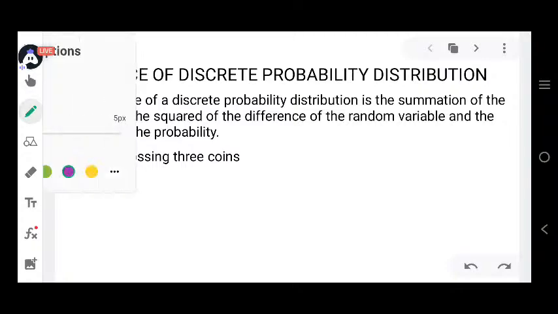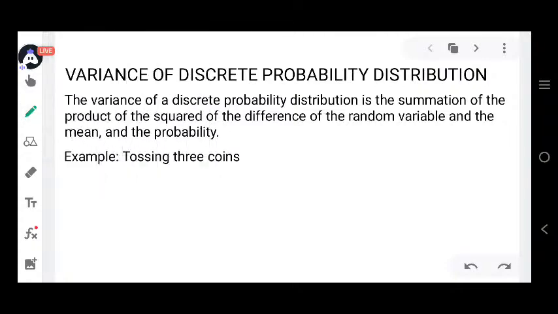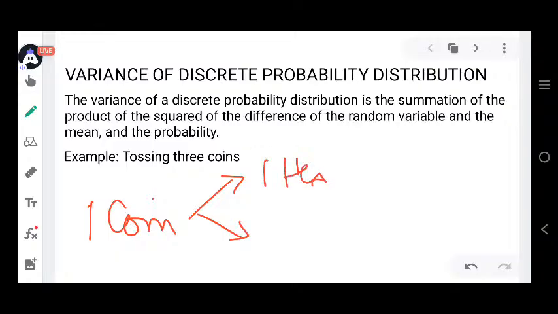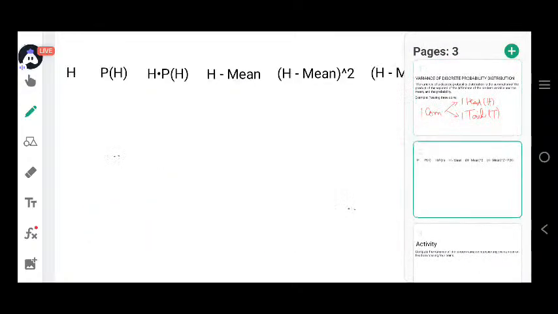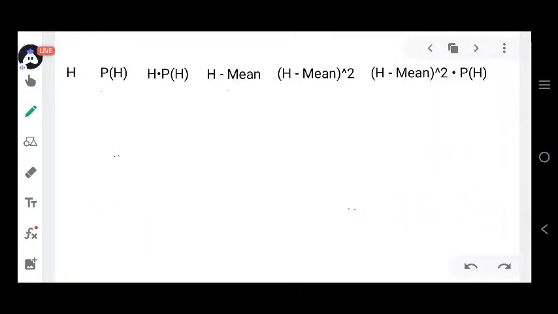So, always remember, in tossing 3 coins, we always have 2 results for each coin. For 1 coin, the results are 1 head, that is capital letter H, and 1 tail, that is capital letter T. To proceed, let's have this column.